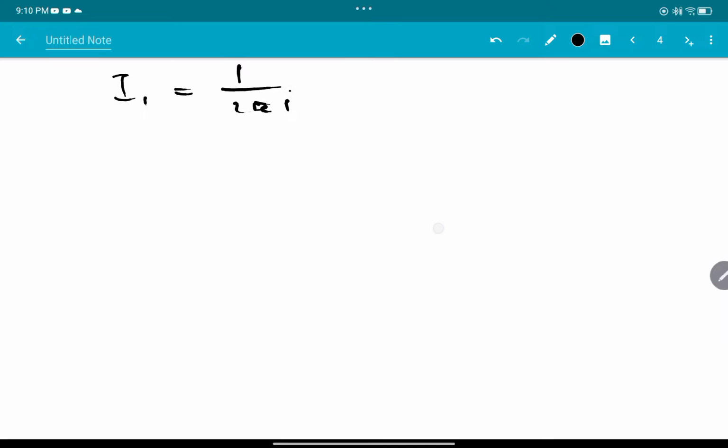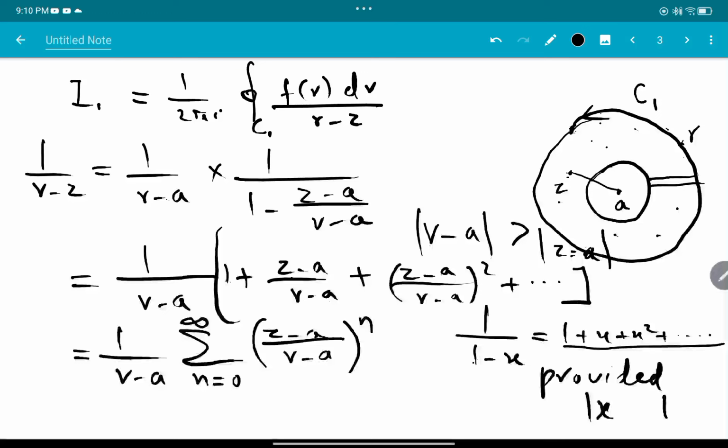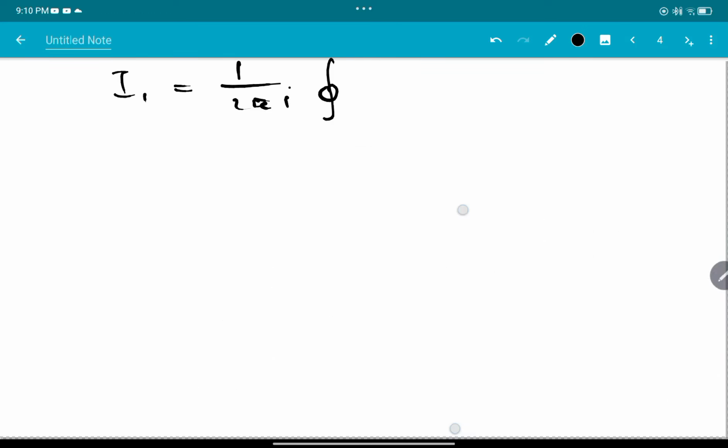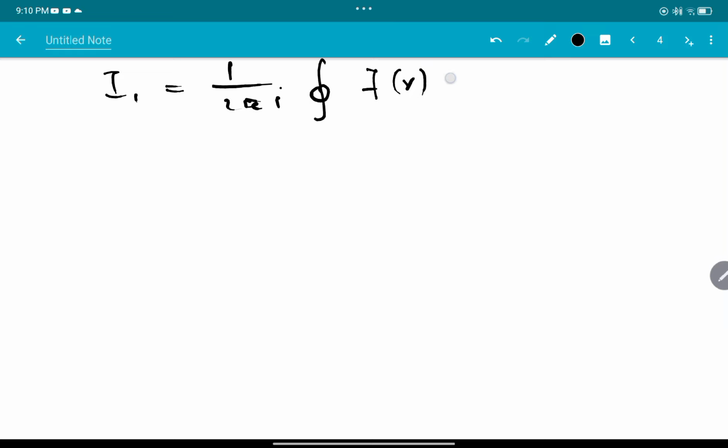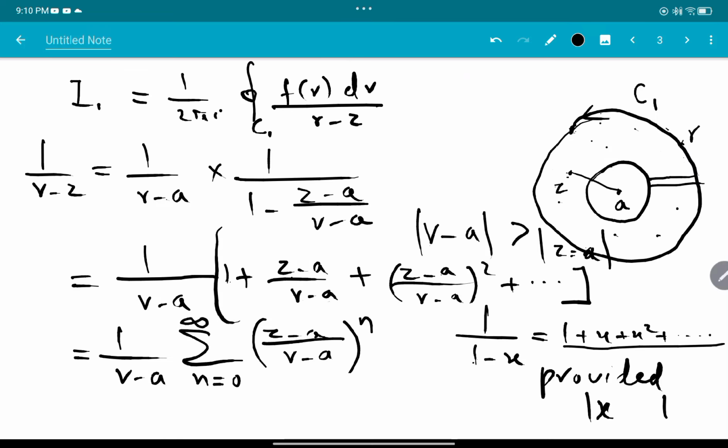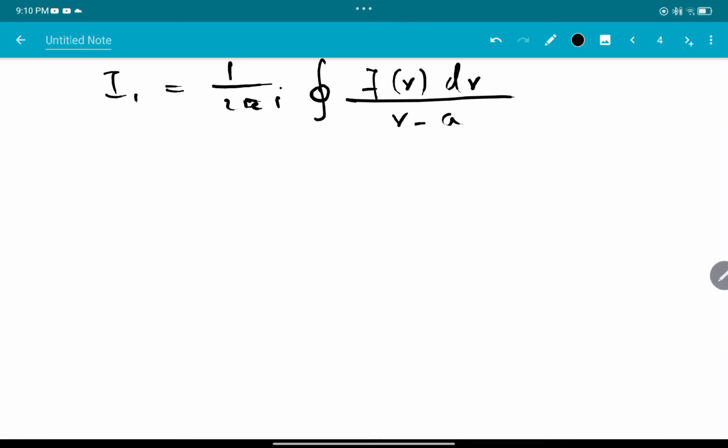Then we have the integral of f(gamma) d gamma divided by gamma minus z.